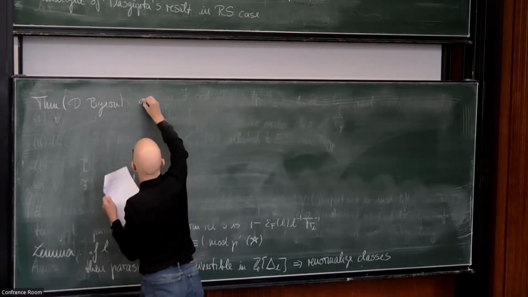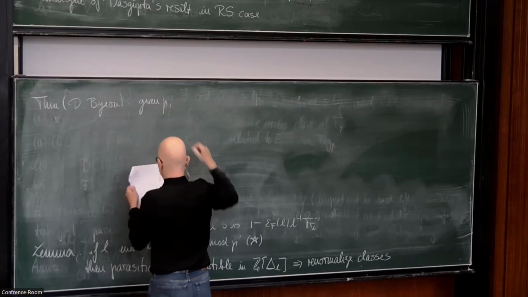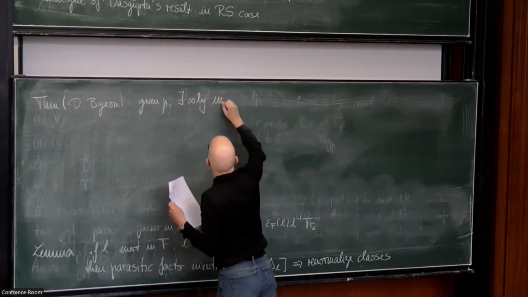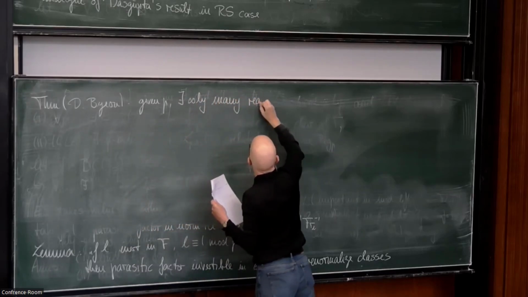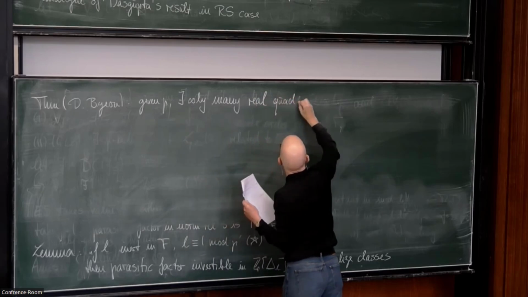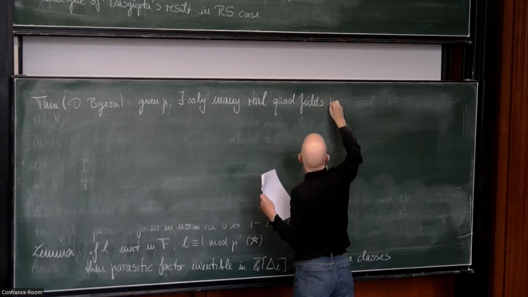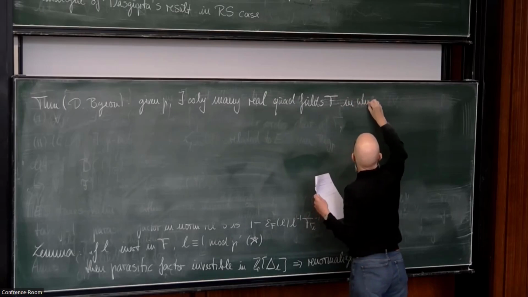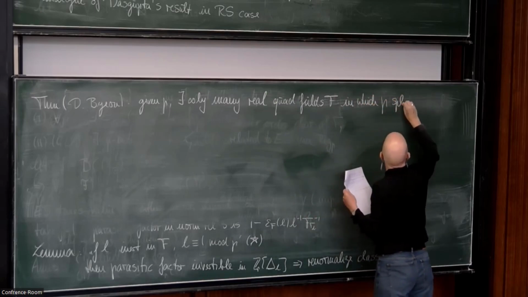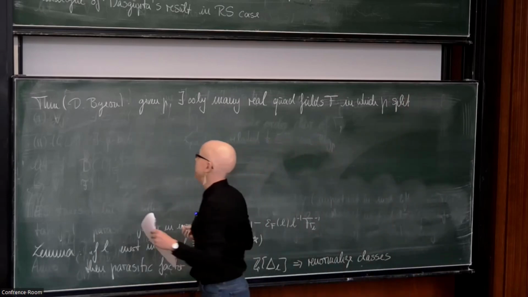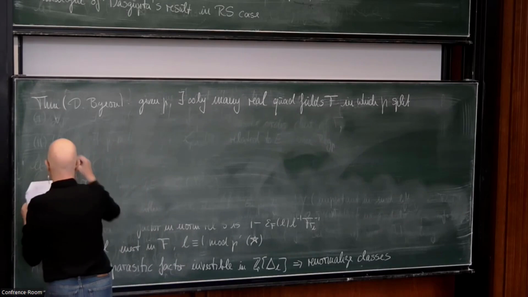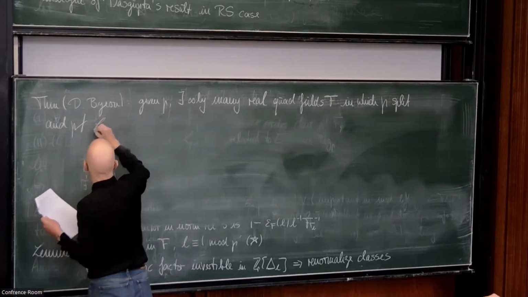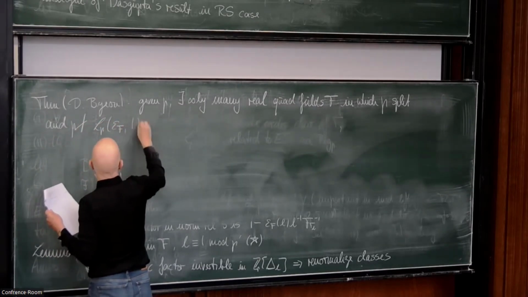He proved that given p, there exist infinitely many real quadratic fields F in which p is split, and such that the p-adic L function is a unit, and p does not divide the value of L_p(epsilon_F, 1).